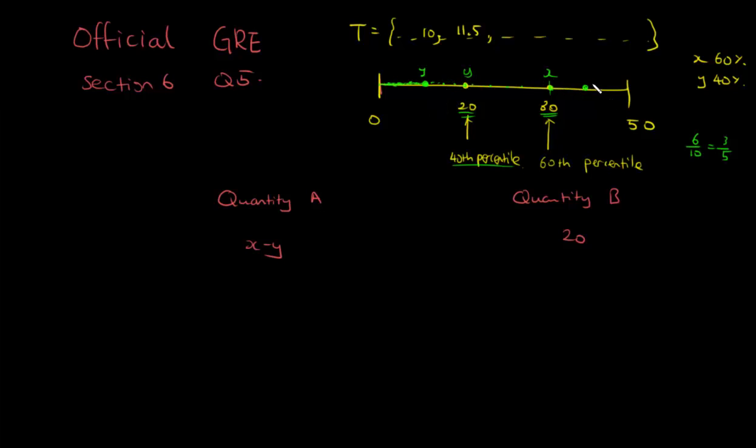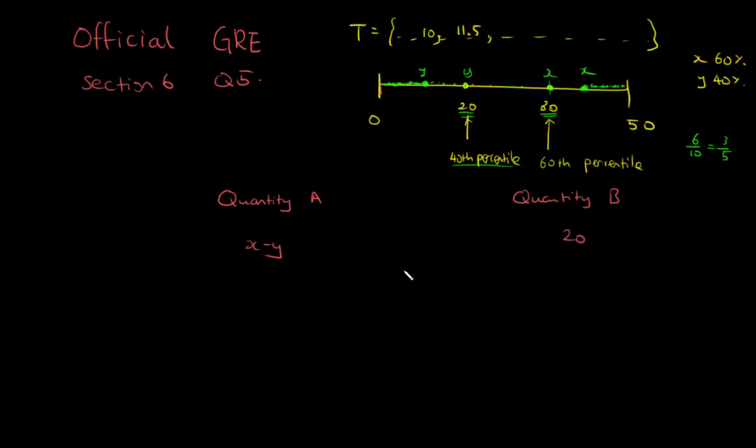Above x must be 40%, right? Because below x is 60%. And the highest 40% could be somewhere there, and then x right there. You see that? So in that case, x could be really, really far away from y. In that case, it can well exceed 20.